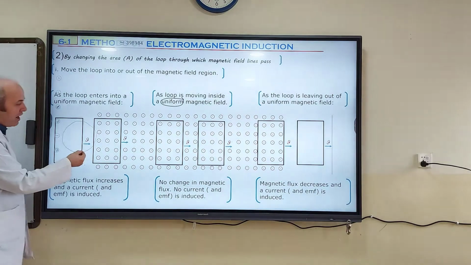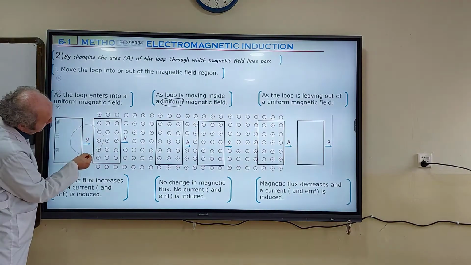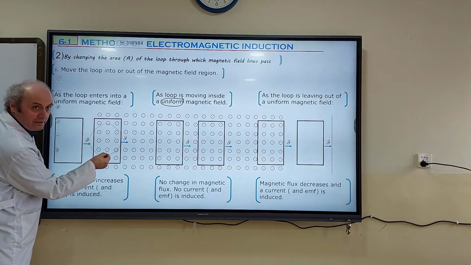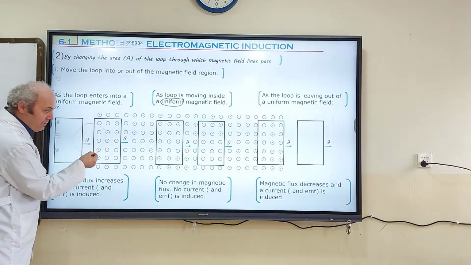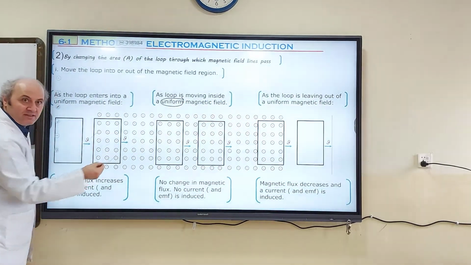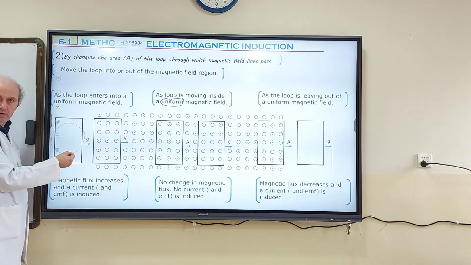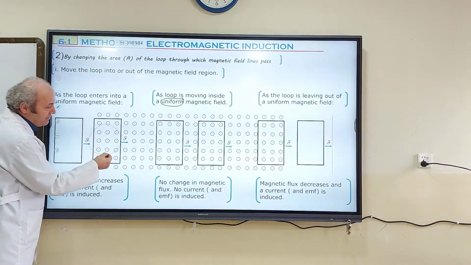correct? Now count how many lines are crossing the area. 3. Now 6. Now 9. So as I was pulling this loop into the magnetic field, magnetic flux is increasing. While outside, 0. Then 0, 3, 6, 9.